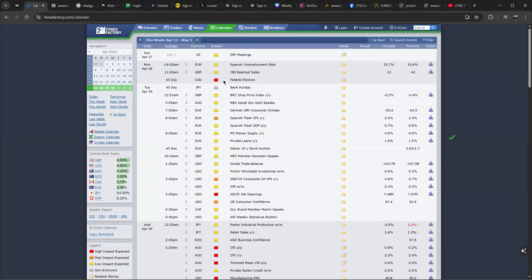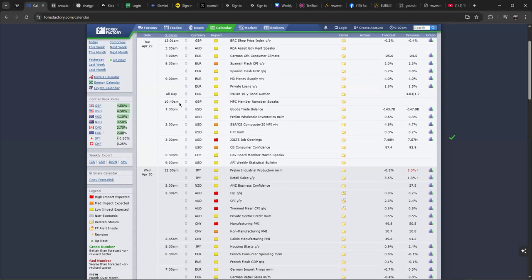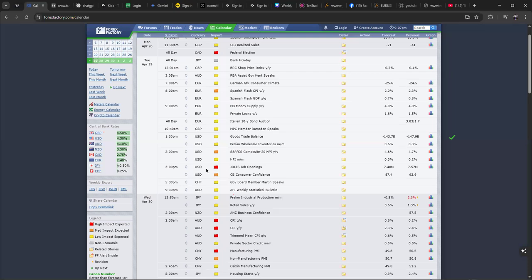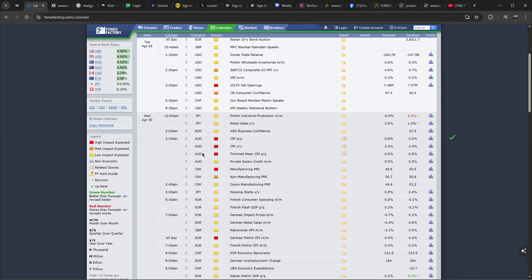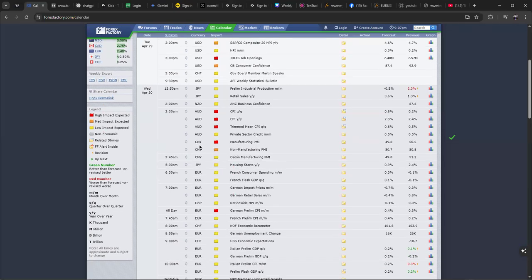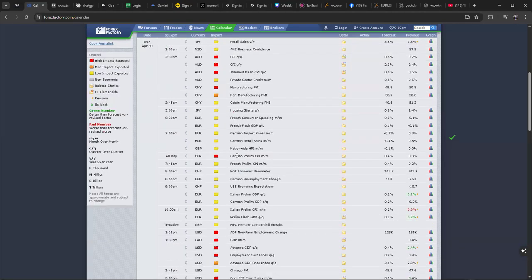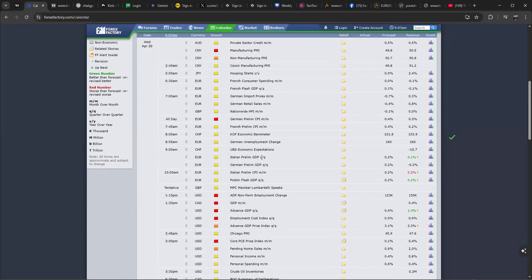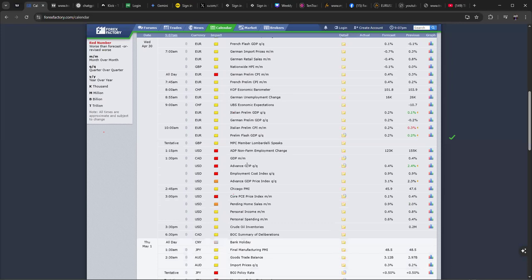So Monday we have news on Canadian dollar, federal elections. Tuesday we have US dollar job openings. Wednesday we have CPI on Australian dollar, manufacturing PMI on CNY, Euro, German preliminary CPI. And same Wednesday again, at 1:30 we have GDP on CAD, advanced GDP on USD, and then unemployment costs on USD.